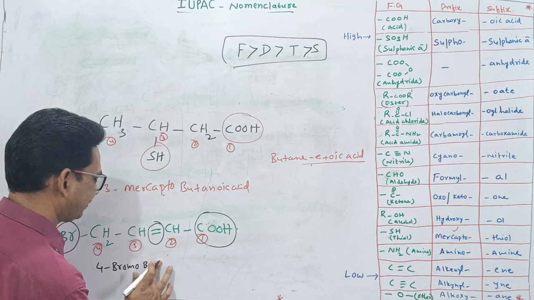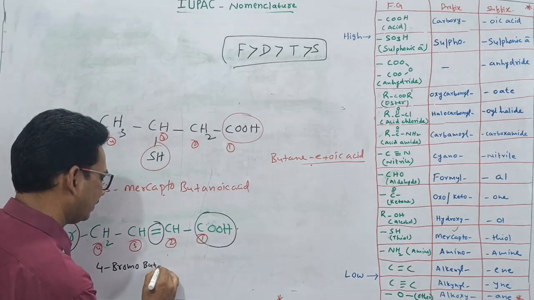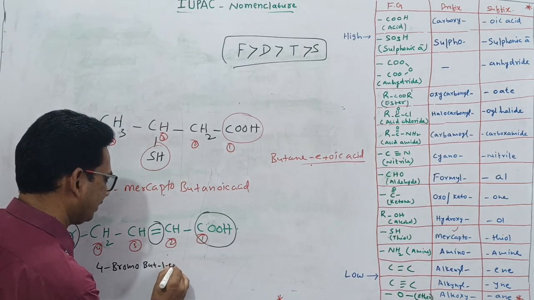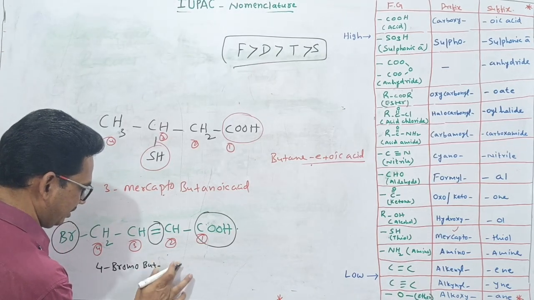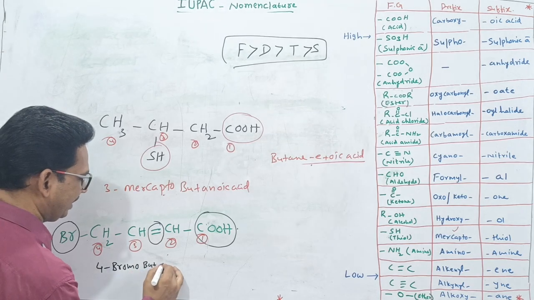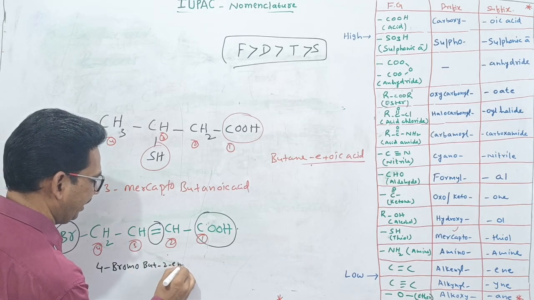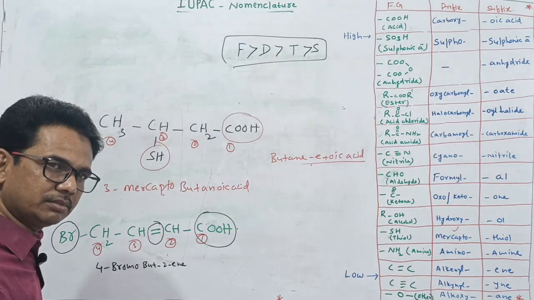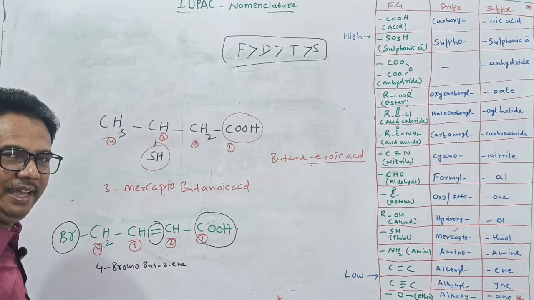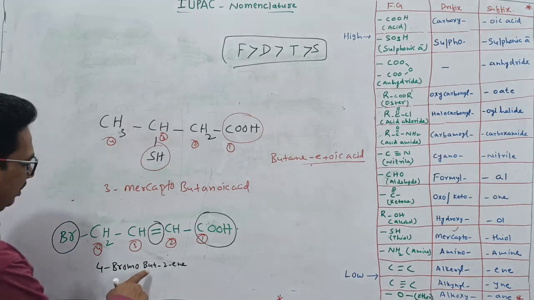But, 1 in, sorry, no yaar, double bond present at the second position, 2-ene. Butane minus ane plus ene, that's why what does it become?